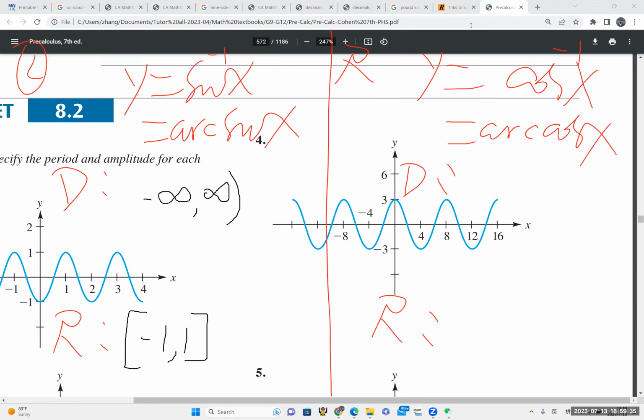Domain. No, I don't think it's negative infinity to infinity. Don't forget, here it's not sine. It's arc sine, or inverse of sine.